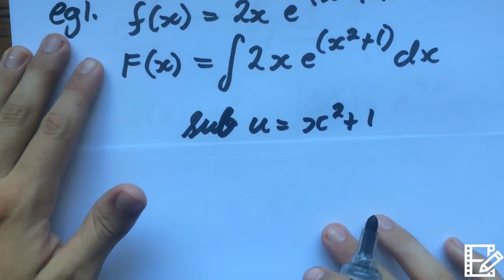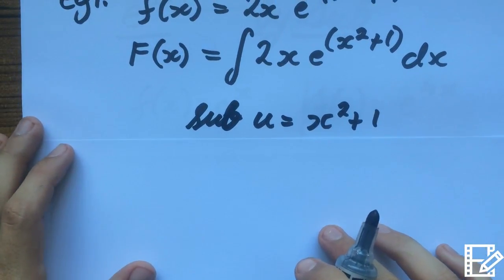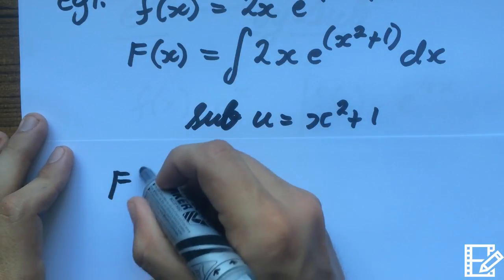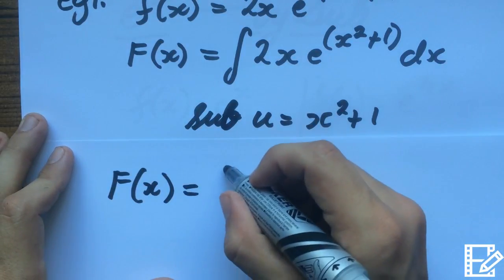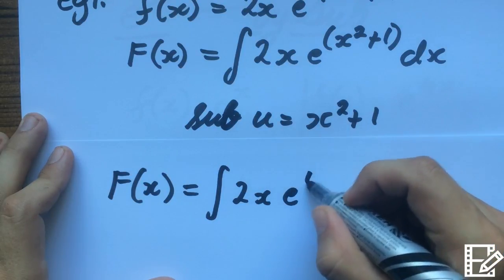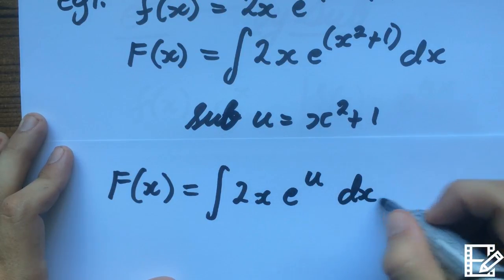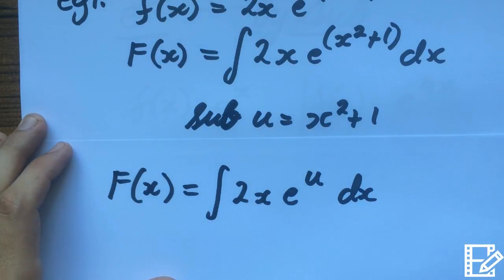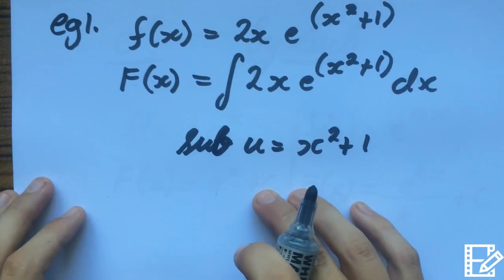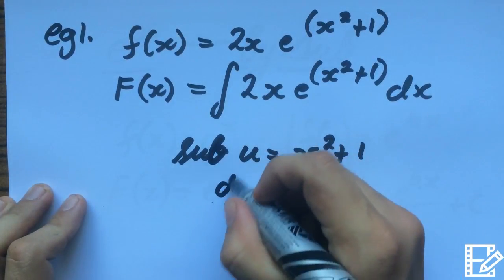If we sub x squared plus 1 for u, we'll get something that looks like 2x e to the power of u dx. Okay? But for now, let's derive it.